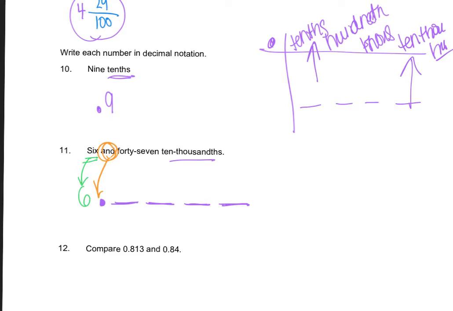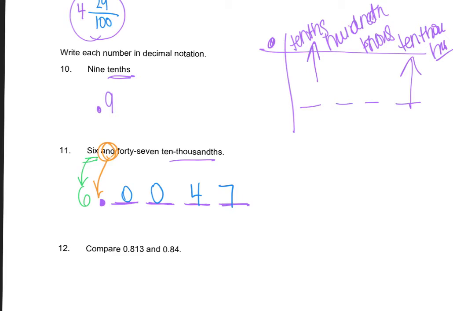Okay. And if you have 47 10,000ths, we're putting our numbers in from right to left. So this is opposite of how we'd read. So if it's 47 10,000ths, we're going to have the 47 here, and anything else is a placeholder, which is a 0, which we need. We can't drop that 0.